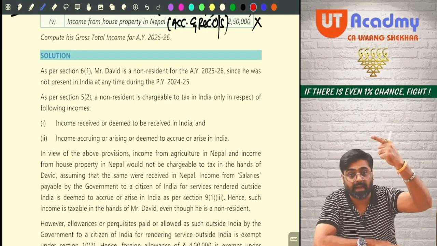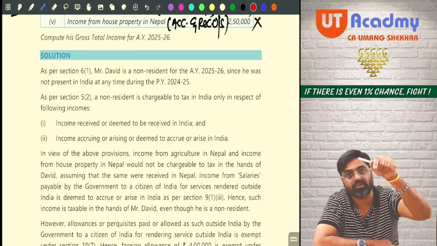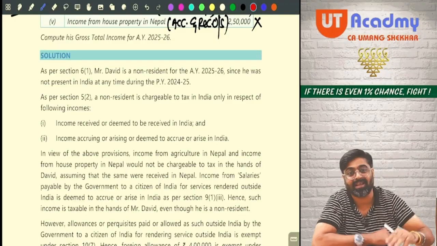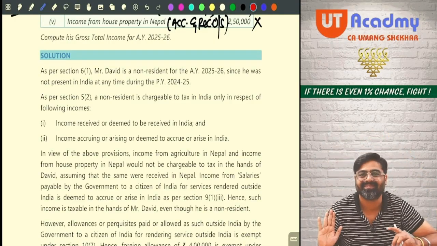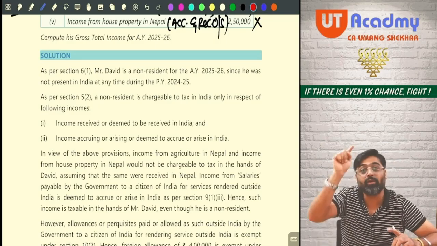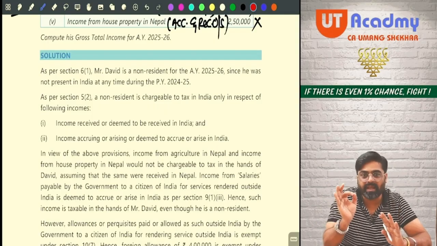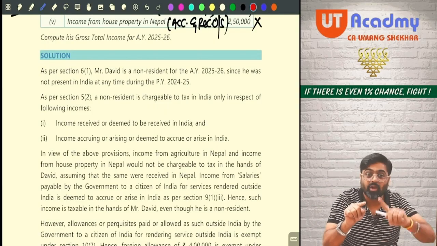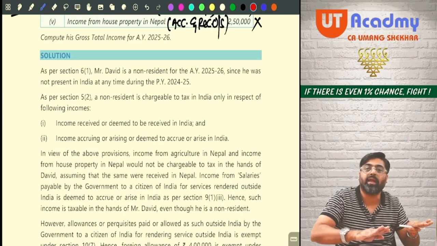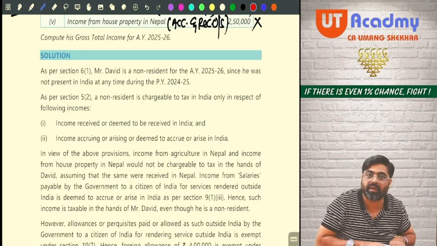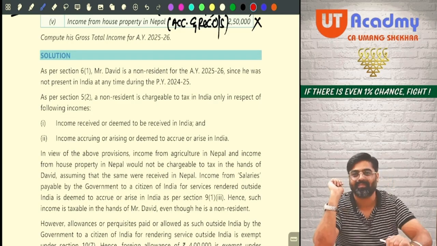And see, when you write David, besides individual you write non-resident. Now the calculation of David is done as if he is a non-resident. Getting my point? But how did you get non-resident? For that, write down a small note that since David, who is an Indian citizen, who is already outside India, did not come for a single day during the previous year 24-25 in India, hence his status is non-resident.